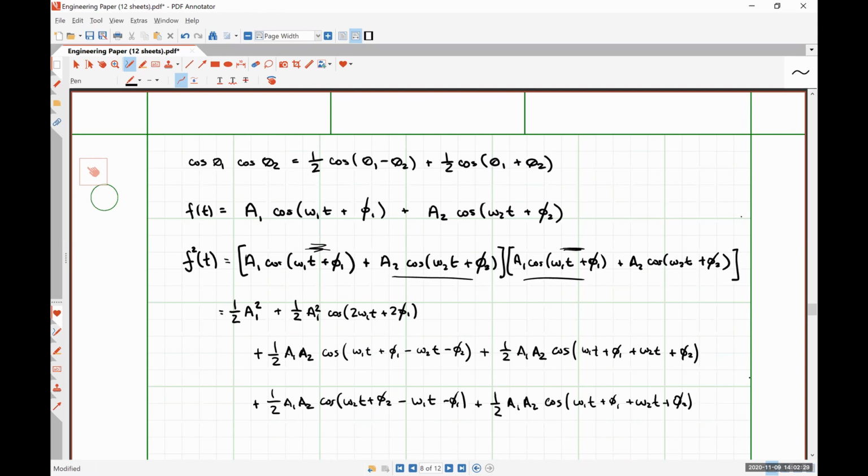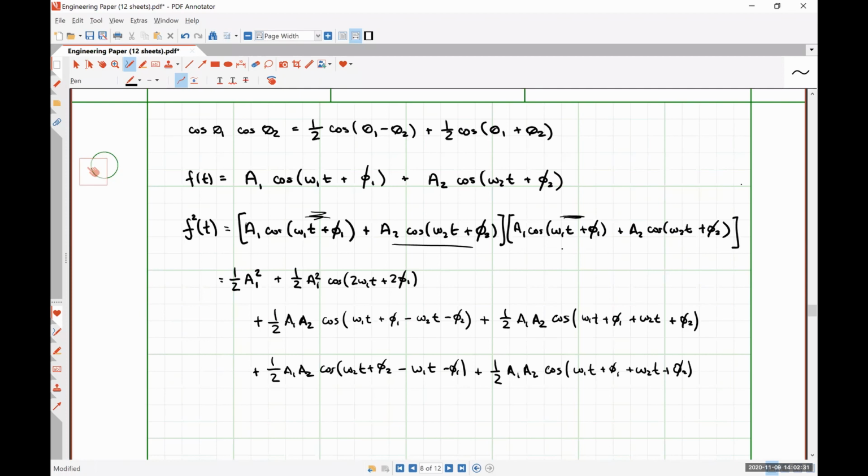And then lastly, when I multiply the a2 bit by the a2 bit, I get plus 1/2 a2 squared plus 1/2 a2 squared cosine of twice omega 2t plus twice phi 2.